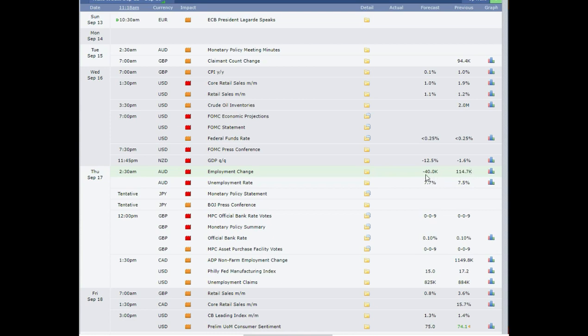So this is a very, very bad figure coming out. Now look for the actual that comes out. If the actual comes out at minus 50 or more, then you need to sell the Australian dollar. And if it comes out in a positive figure, 10, 100, whatever it is, then you need to buy the Australian dollar.